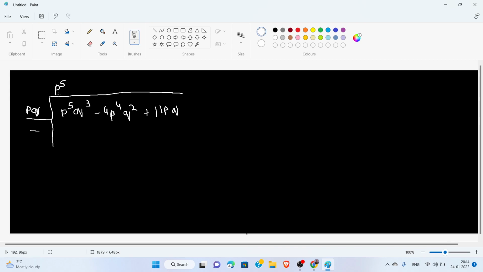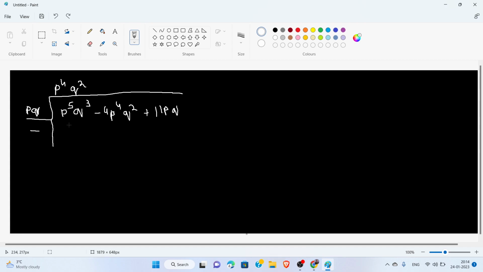So P to the power 4 times PQ is equal to P to the power 5 times Q. But I also have to multiply by Q squared so I can get Q cubed. Have you established this? Just forget about all of this for a second and just think about this term. Good? Very good. Very proud of you guys for understanding so far.